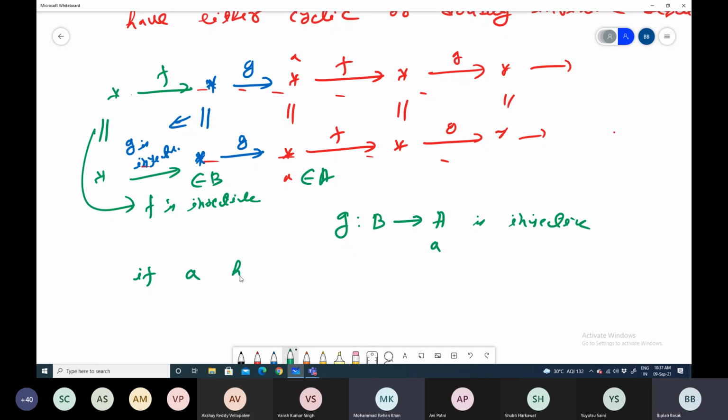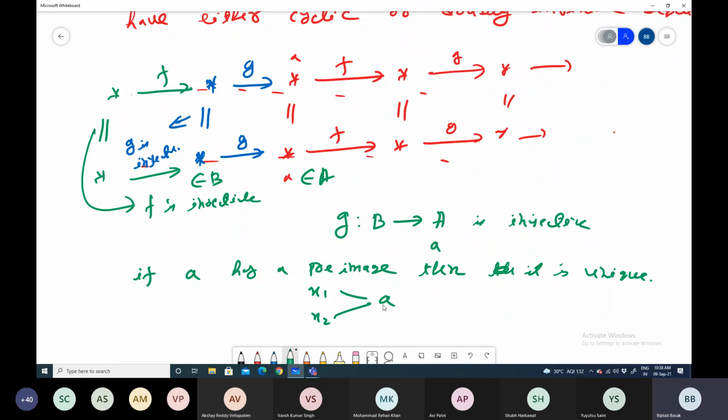So if A has a pre-image, then it is unique. So what is the definition of injective? Can you have two points x1 and x2, both going to A?